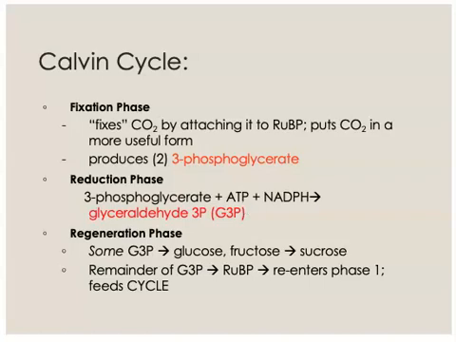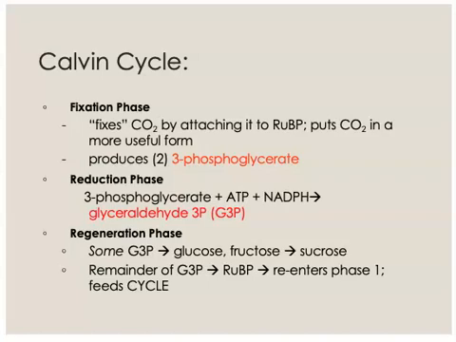Now, during the regeneration phase, some of the G3P will be used to build glucose. And remember, that glucose can then be used to build other carbohydrate that the plant might need, or it can be used directly for cellular respiration.